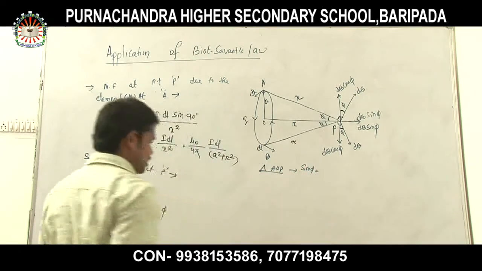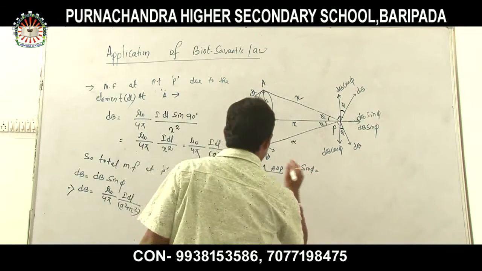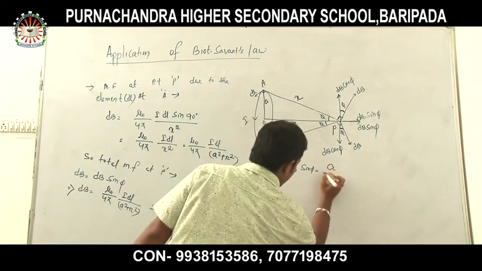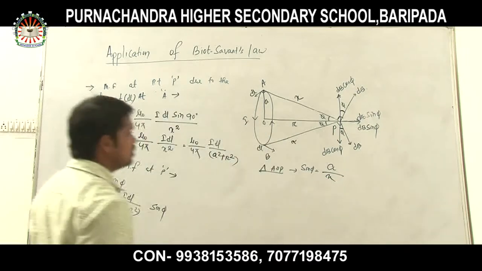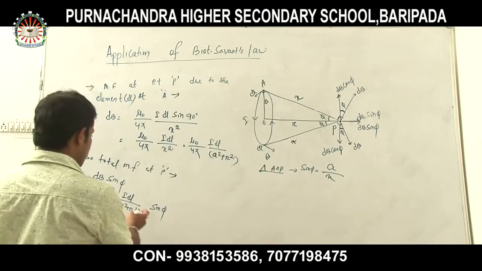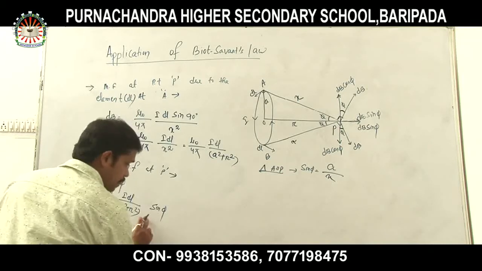Sin phi is equal to how much? P by H. So what is P? P is nothing but your a. What is H? H is nothing but x. Sin phi is equal to a by x. Clear? Okay.